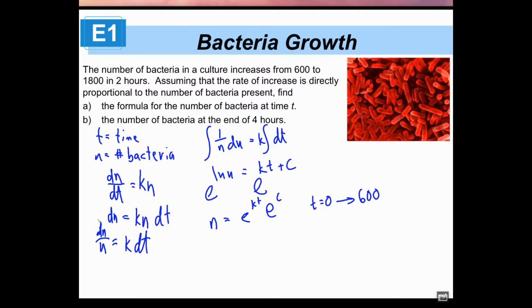So the 0 goes in for T. Where's the 600 go? N. So 600 is equal to e to the k times 0 times e to the c. What about that guy? It's 1. So therefore, what's e to the c? 600. So e to the c is equal to 600.